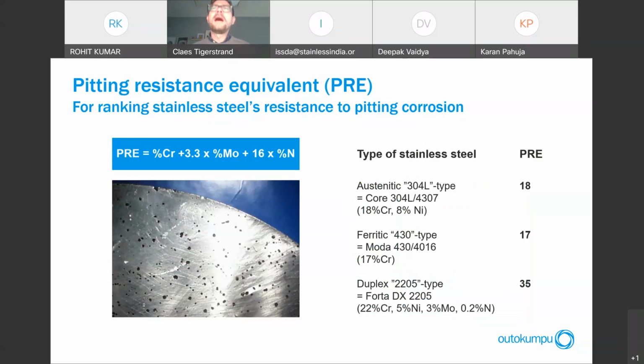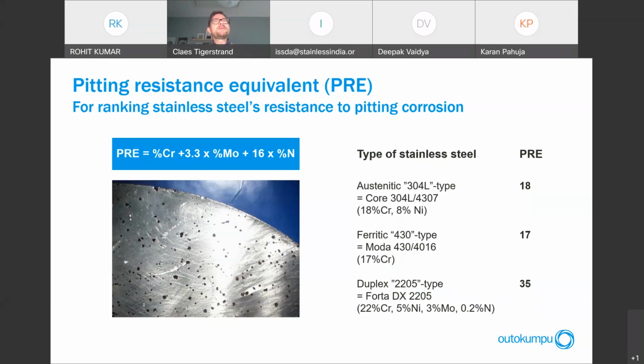So if we're looking at how you calculate it, now we haven't looked at the different types and grades of stainless steel yet, but the most common one is the 304 type that I think you have heard about. We will see later on, we call it a core 304. Typically you have 18% chromium and 8% nickel. So that means if we're looking at the PRE formula, nickel will not contribute to the PRE value, but the chromium will.